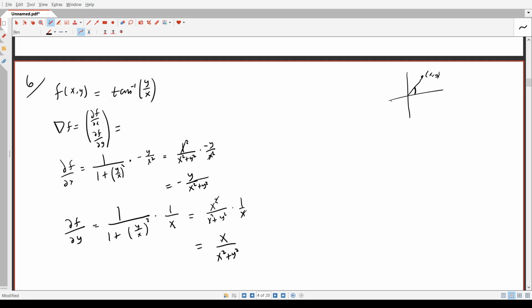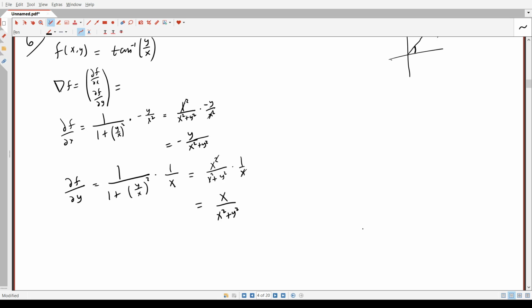Okay, and this is the gradient. Actually, hold on, this isn't the gradient yet. I need to put this as a vector. So I have minus y over x squared plus y squared, and I have x over x squared plus y squared. This is the gradient of f.